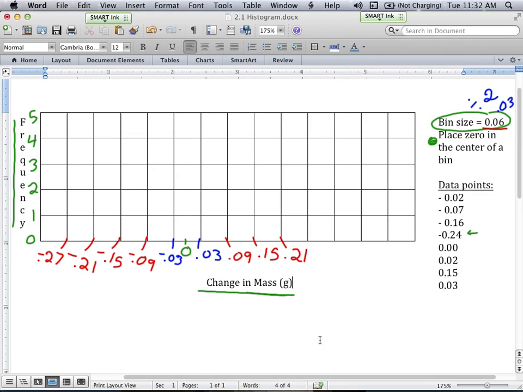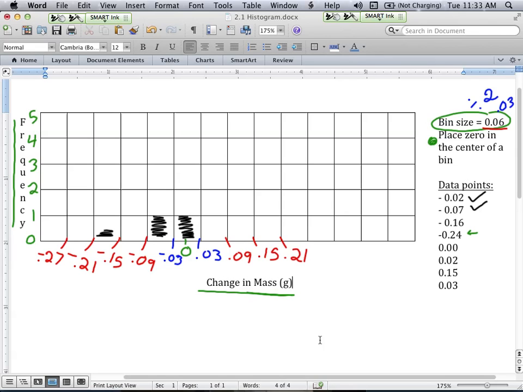Now let's place our data points. The first one, negative 0.02, where does that belong? Here. It's between negative 0.03 and positive 0.03. Negative 0.07, where does that belong? Here. Negative 0.16, where does that belong?